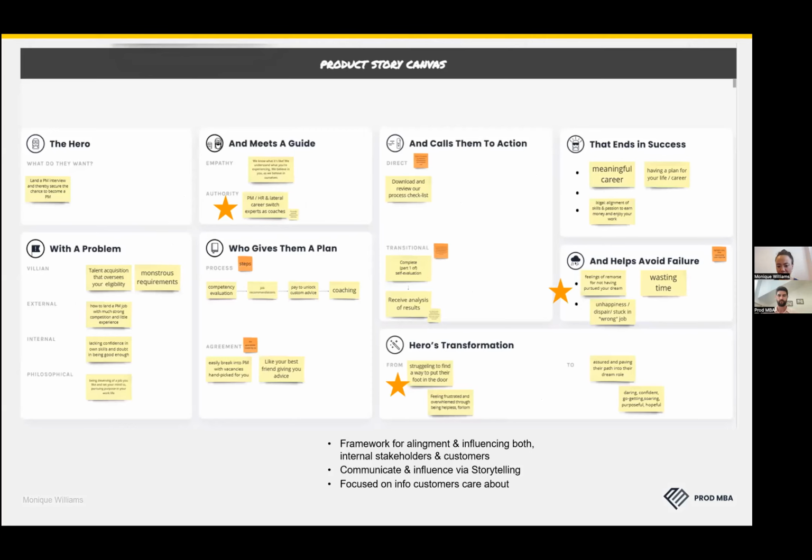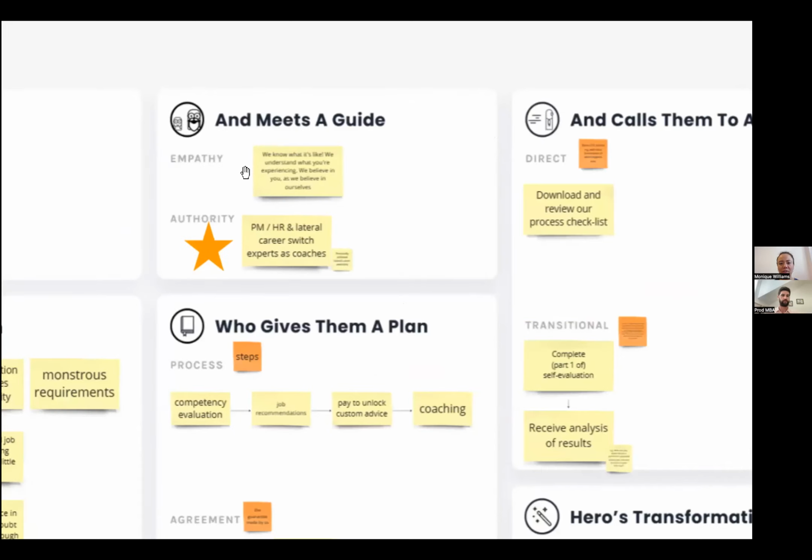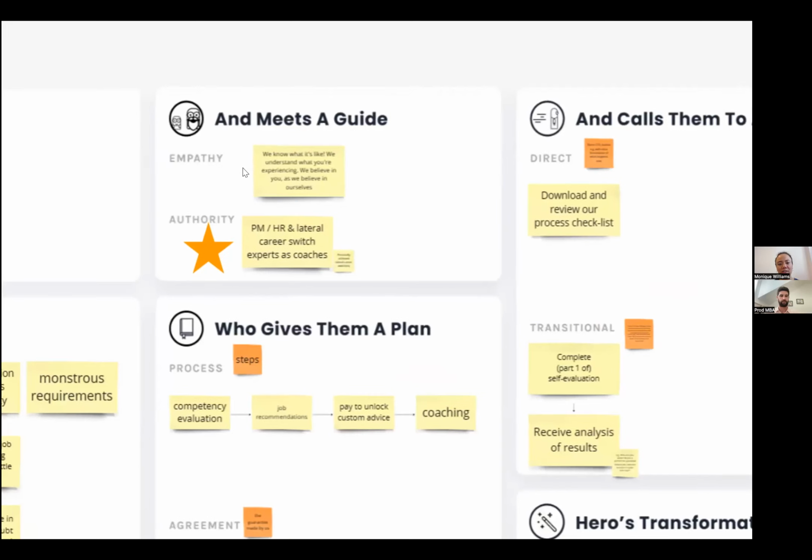Another framework to get external and internal alignment is the product story canvas, which uses storytelling, one of our most influential tools for communicating, and helps really focus on the essential information that you want to communicate. So just to give an example, it shows that we can position ourselves as the guide, right?